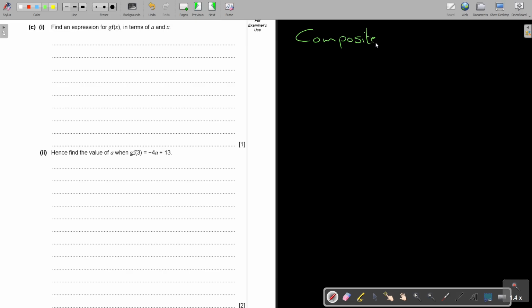Composite functions. It's still in chapter 3, but I love to give you a page, and if I can, I love to give you an example also, not 6 but example 8.